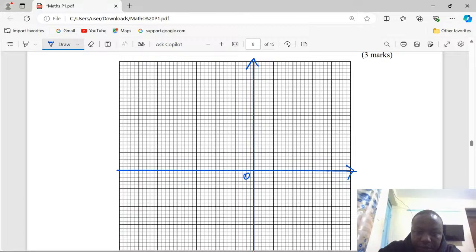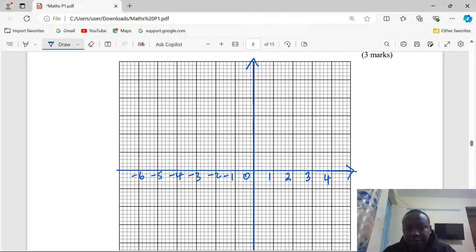From 0, we'll have 1, 2, 3, 4. Then on the other side, -1, -2, -3, -4, -5, -6. We can go up to that point.